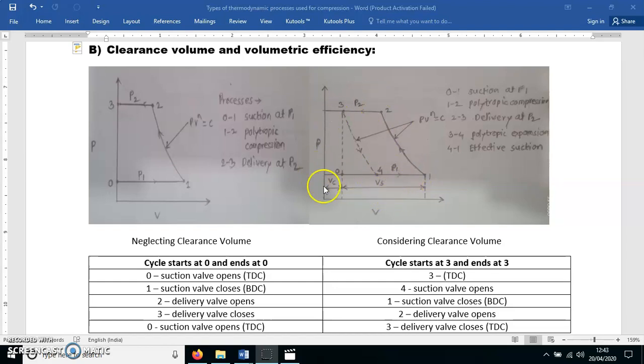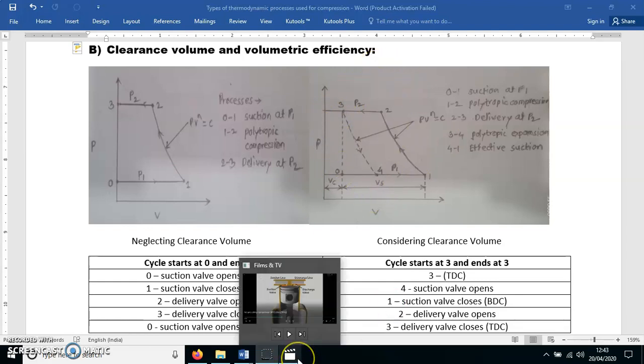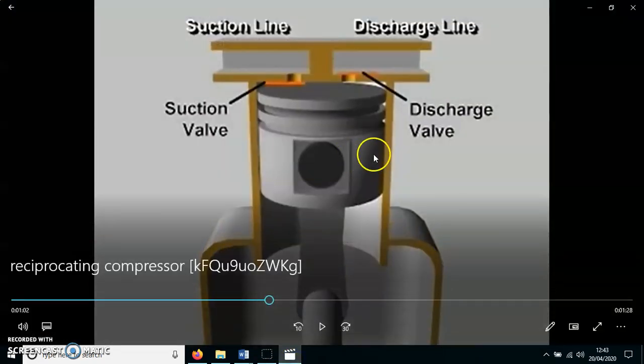So, how does the diagram change when clearance volume is provided? Let's start the cycle when the piston is at top dead center. Now, we will understand the diagram from the animation which you have seen in the last lecture. Now you can see, this is the clearance volume.